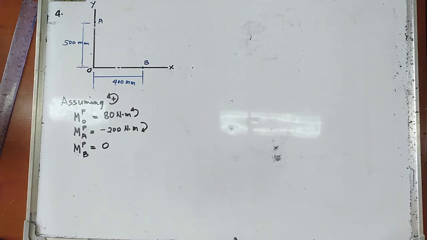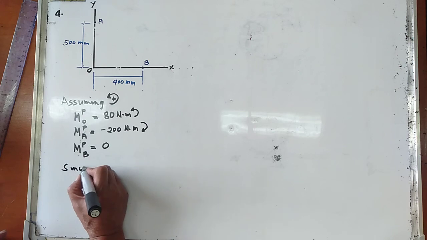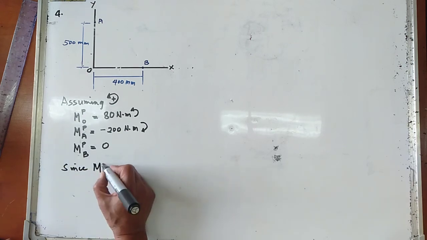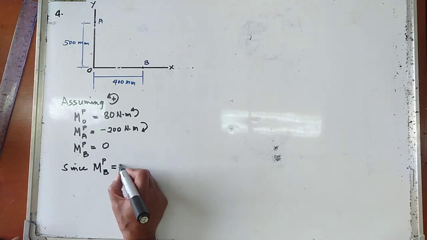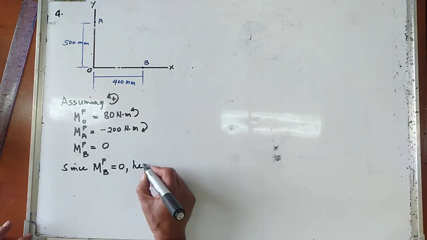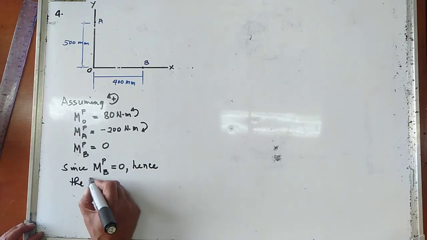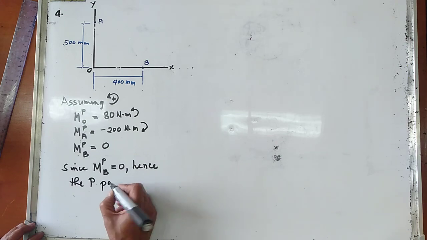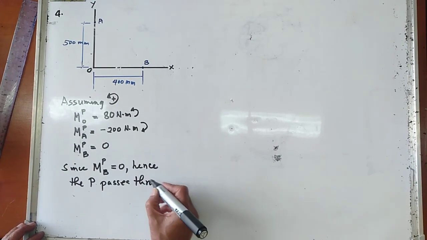Now take note that since the moment of the force P about point B is equal to 0, hence the force P passes through point B.